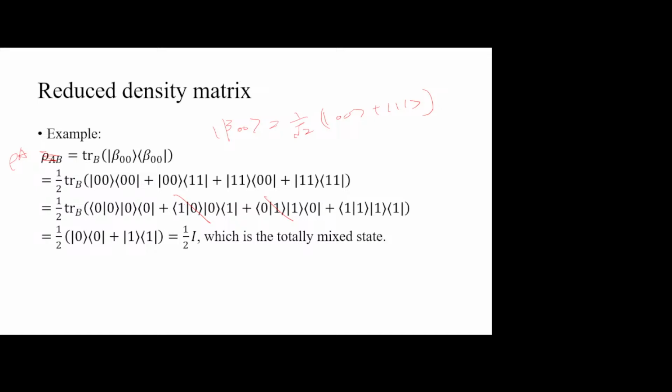So rho A, this is the reduced density matrix on A, and that means if Alice does some measurement on her part, she should calculate according to this.